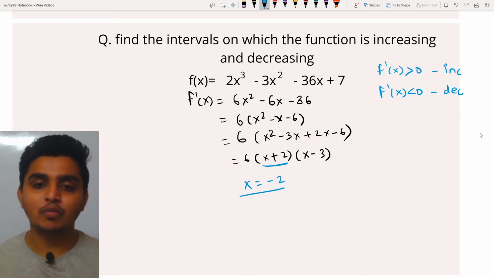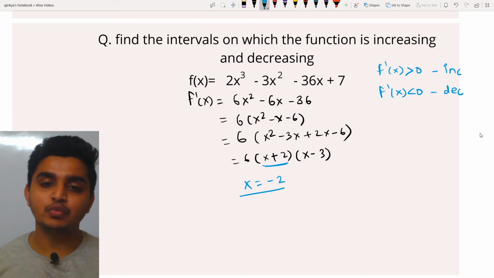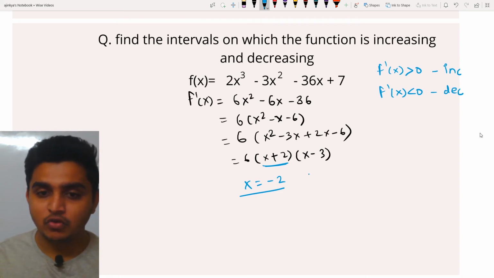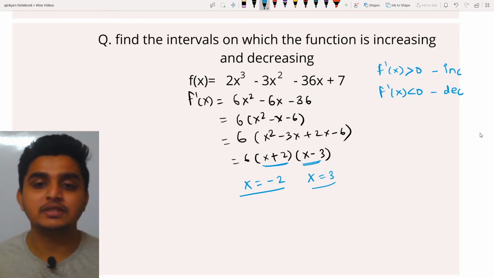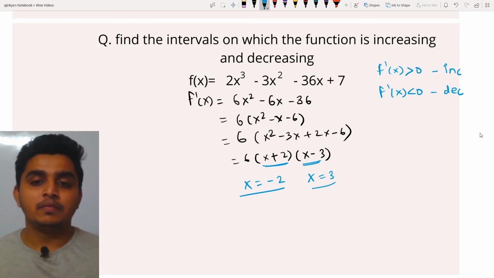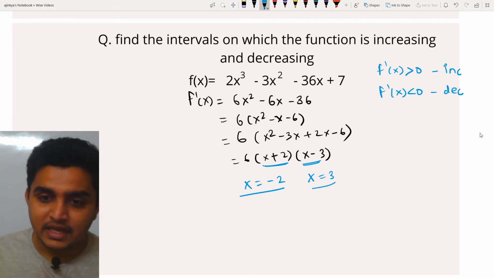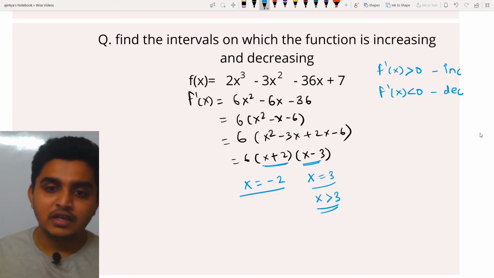So at that particular point, the graph has to be exactly at straight line point. Also, when the value x is equals to 3, it is going to give us this term as 0, isn't it?